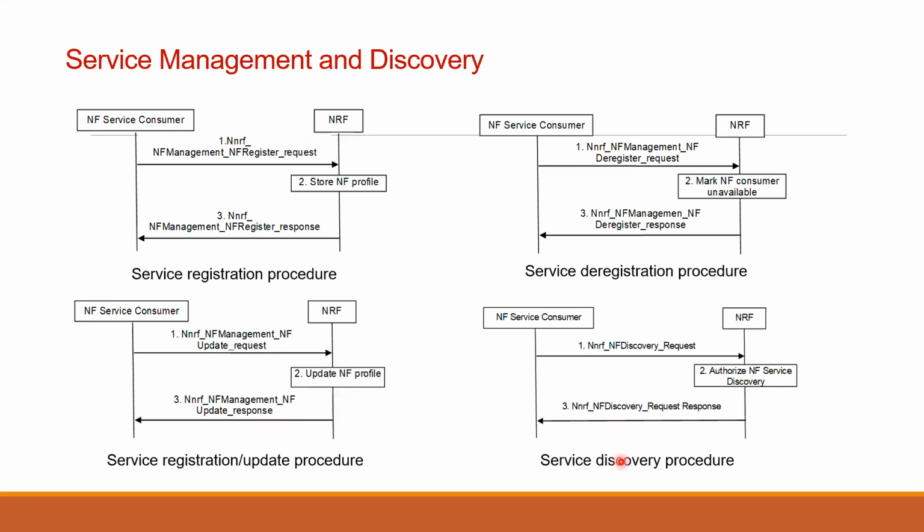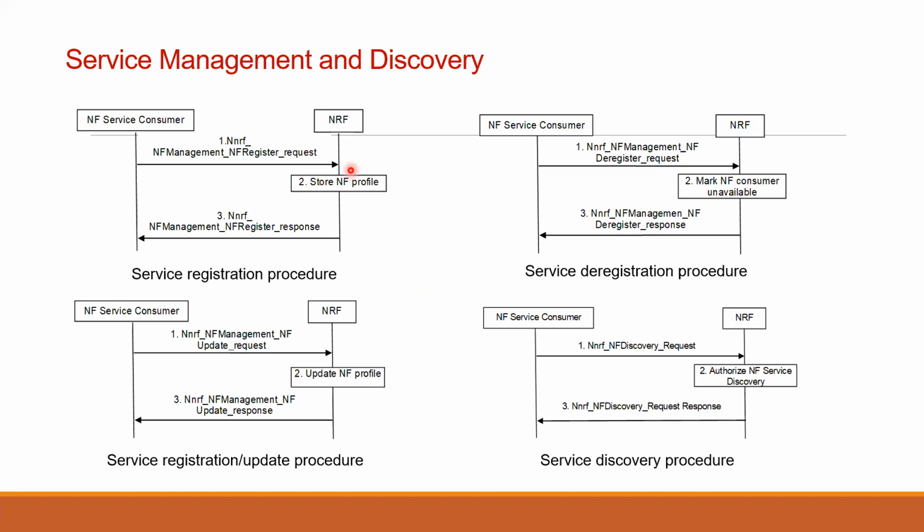And service discovery: if a network function, for example AMF, is asking for a PCF, it is going to send an NF discovery request to the NRF, and NRF is going to see which specific PCFs are available and send a response back to the NF discovery request.